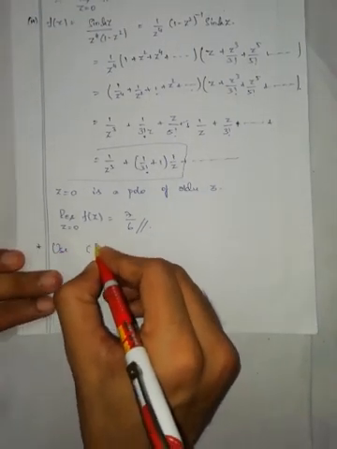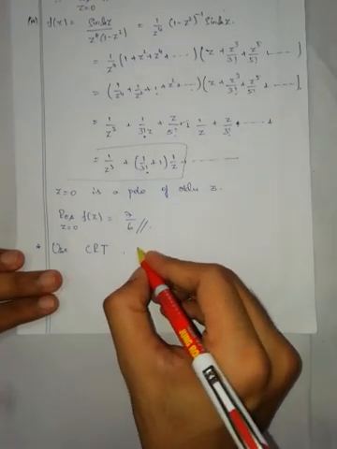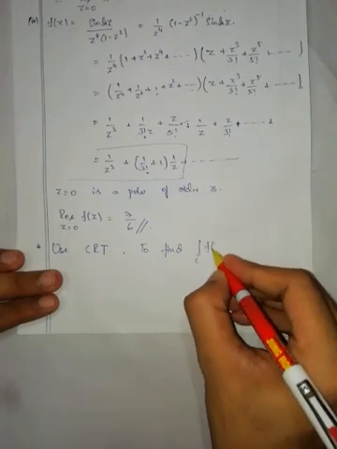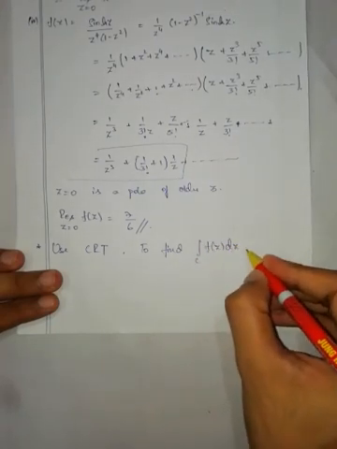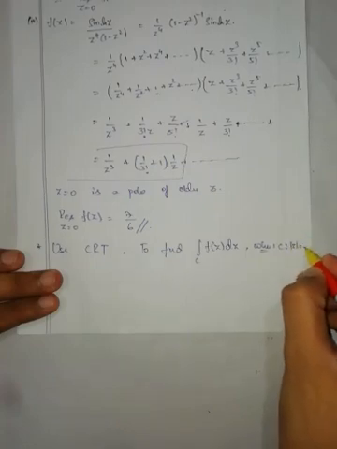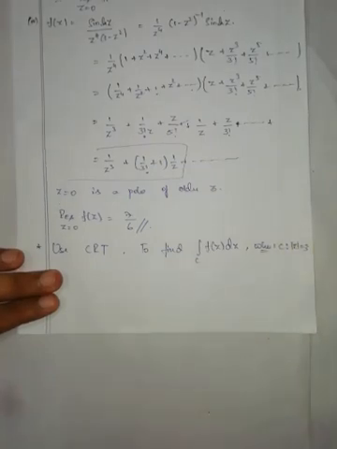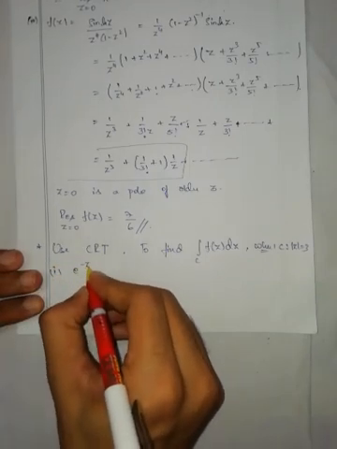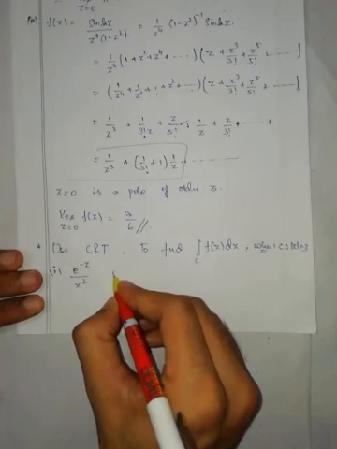Use Cauchy residue theorem to find integration over C f of z dz, where C is modulus of z is equal to 3. First one, e to the power of minus z by z square.